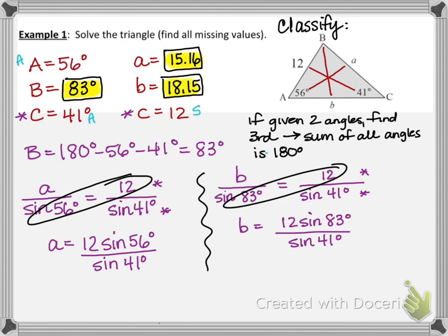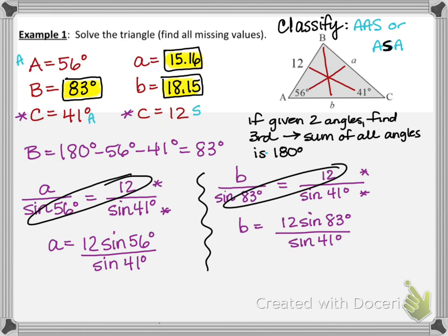So you have an AAS. So that means you either had an AAS classification or you have an ASA classification. So I need to look at this picture and be able to determine, well, is my side length, remember this is what I told you guys, is my side length trapped in between two angles?